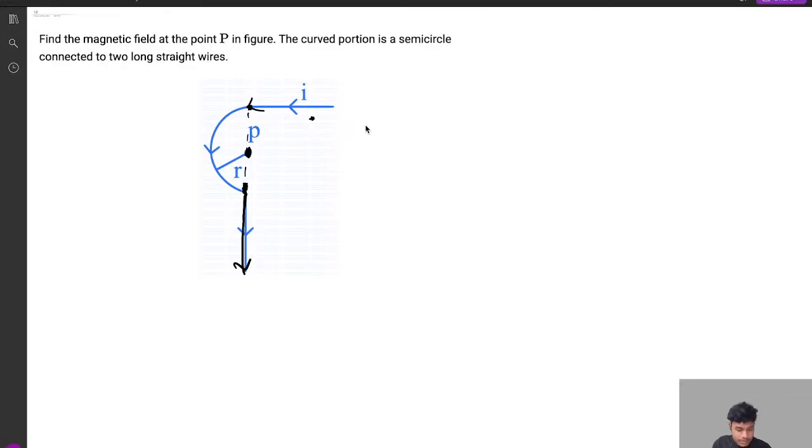So what is the magnetic field due to a semi-infinite wire? What is due to this semi-infinite wire? That is, B due to a semi-infinite wire is equal to mu naught I upon 4 pi d, that is the distance between the point and the wire, that is small r, right?